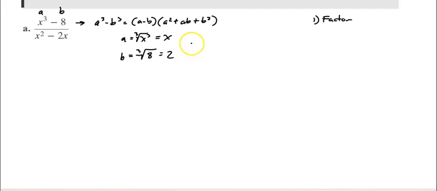The a minus b is going to be x minus 2. Then the a squared is just x squared, and then we have a times b, with our plus symbol, which turns into 2x. Then we square the 2, and that gives us a 4.